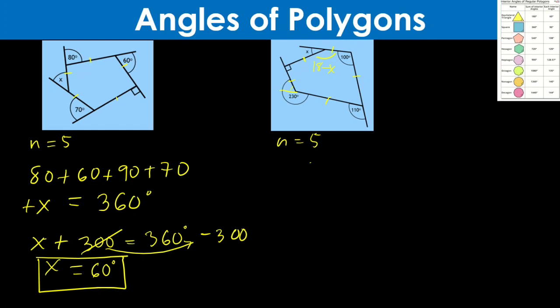We have, sorry, that's 180. 180 minus x, okay, plus this 100 plus, okay, this angle here, the total is 180. To take away 110, this will be left with 70. So that's 70 degrees for this interior angle here.